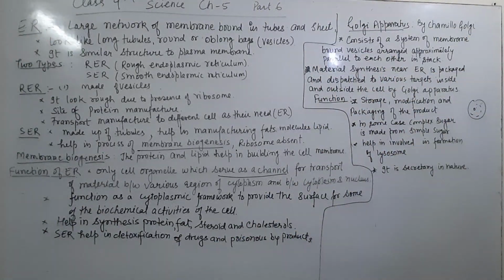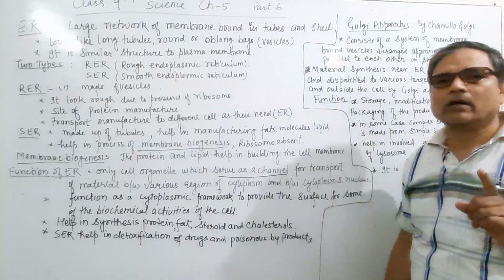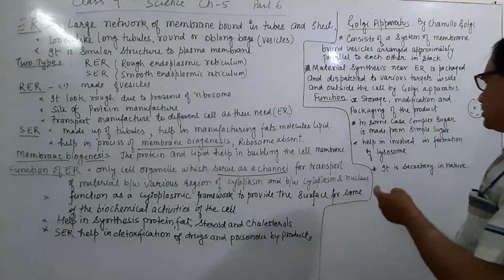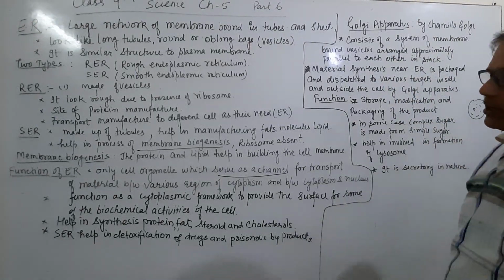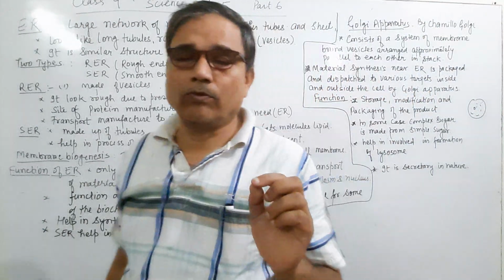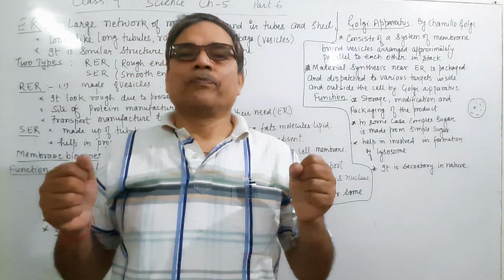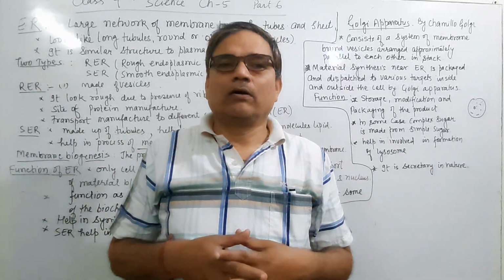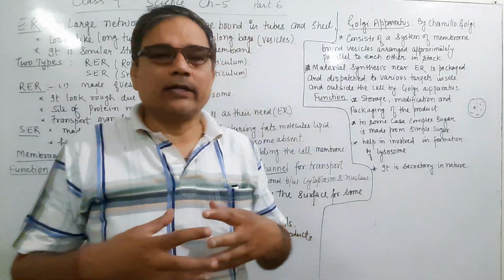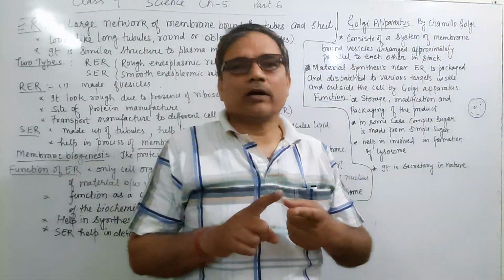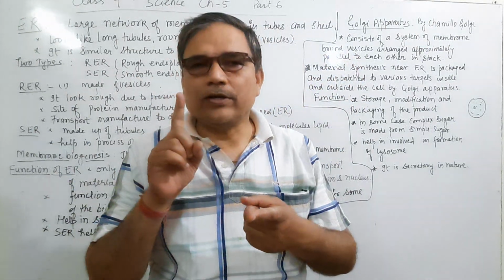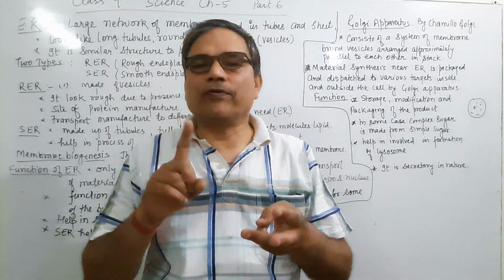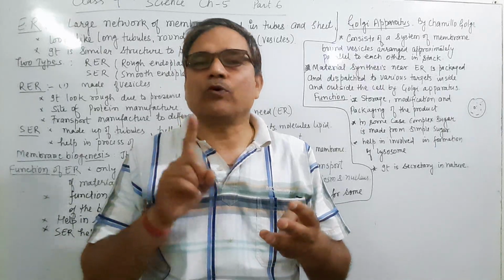Third, it is involved in the formation of the lysosome, another cell organelle. The Golgi apparatus is the secretary of the cell, meaning it organizes all the functions. It helps in storage, packaging, modification and transport of the material.